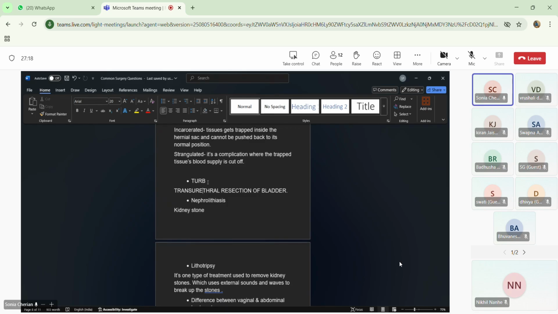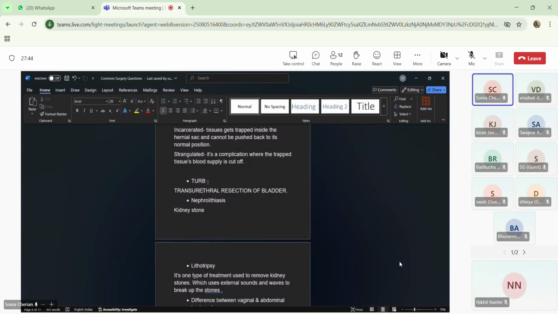Okay. Now they might ask you what are the treatments to remove the kidney stones. So then you can say lithotripsy. Okay, so lithotripsy can be extracorporeal shockwave lithotripsy or laser lithotripsy. In extracorporeal shockwave lithotripsy, they use external sound waves to break up the stones.